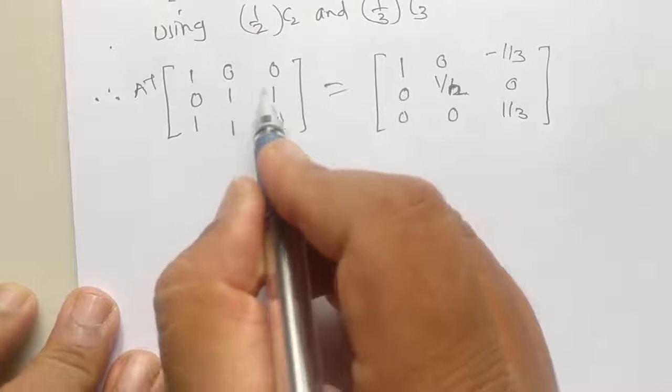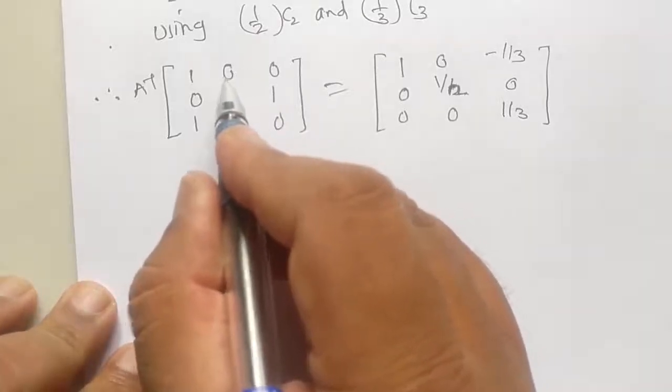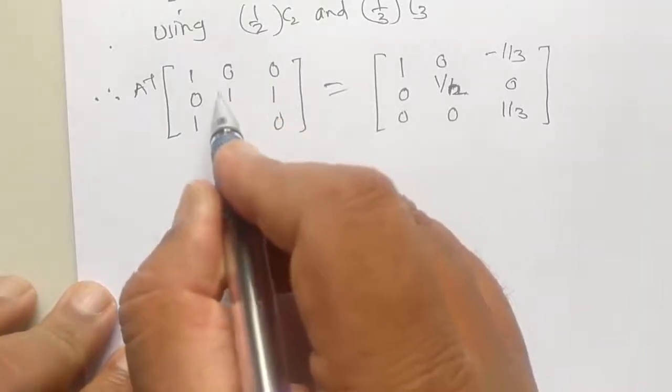Now we subtract column number 3 from column number 2, so it becomes 0.